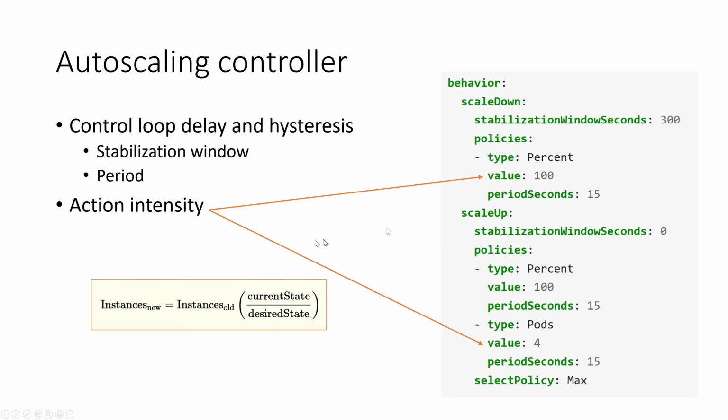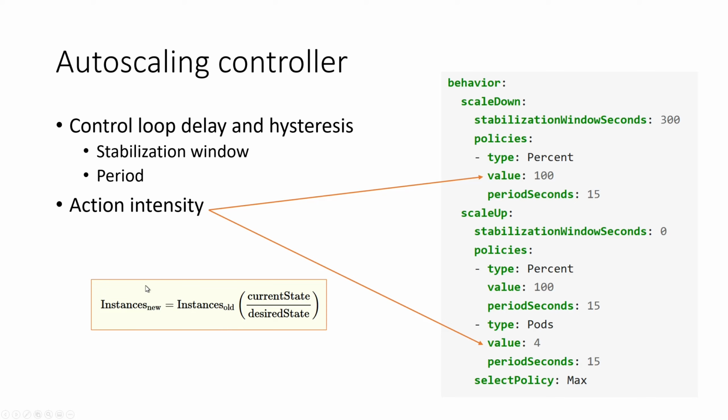Here it allows us to control how many instances we're going to remove when scaling down and how many instances we're going to add when scaling up. So for example, when we decide to scale up, we can create up to 4 pods. When we are scaling down, we might decide to scale down up to 100% of the number of instances that we have. So we might go down to the minimum number of instances that we specify in our deployment.